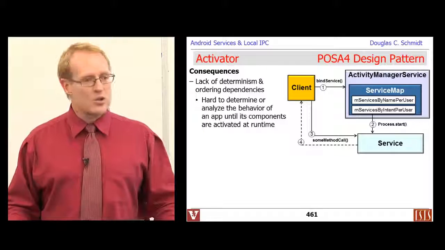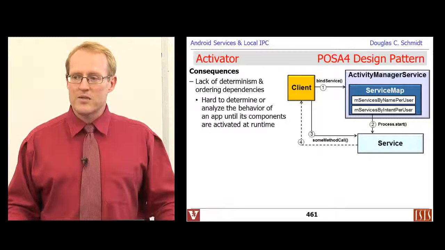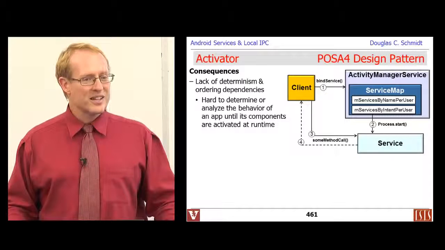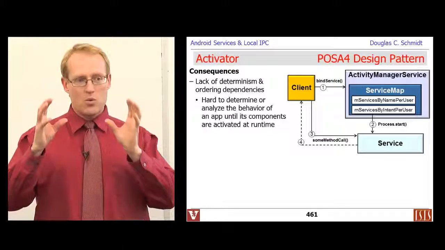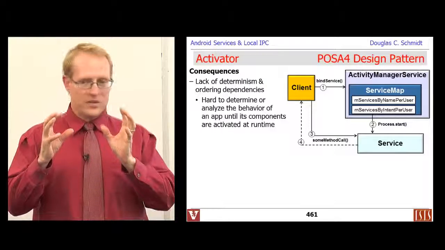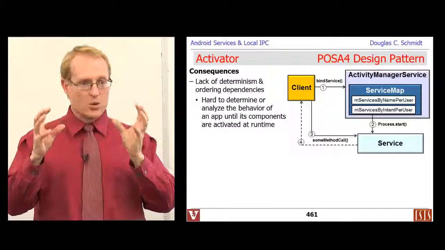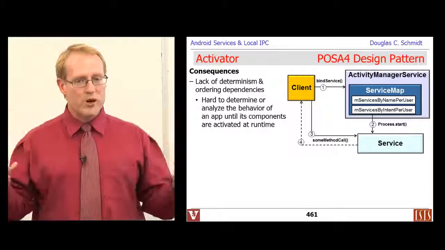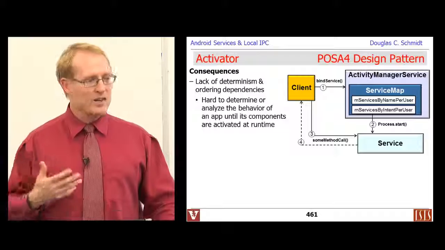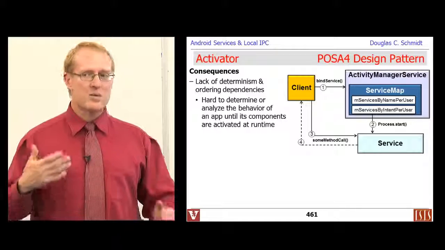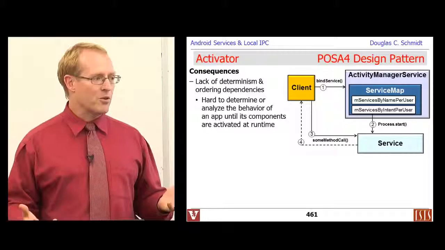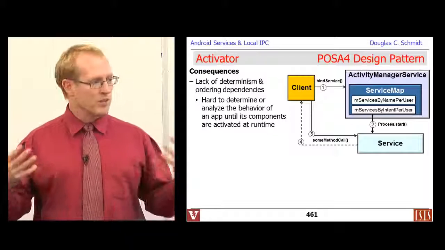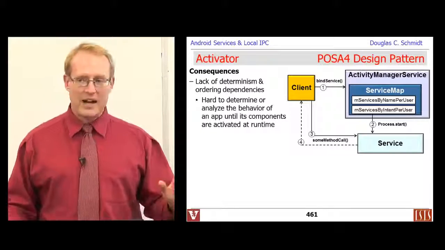That's why certain kinds of real-time systems tend not to use Activator, because they don't want non-determinism. They want to know the worst case execution time and the worst case utilization of memory, so we can pre-allocate those resources and make sure that we always have enough. Whereas some systems say, if we get a big burst of load, it'll slow down for a while till the load gets done, and then we'll back out and go back to normal processing.